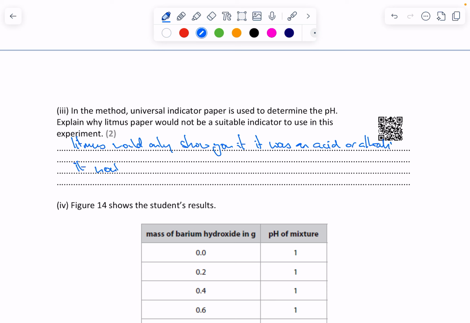It would not tell you the strength of the acid or alkali. In fact, I'm going to get rid of the word strength. I'm going to change that word for pH. It would not tell you the pH of the acid and alkali. Okay, got that one. That's brilliant.